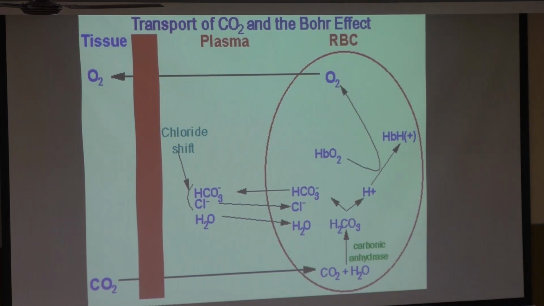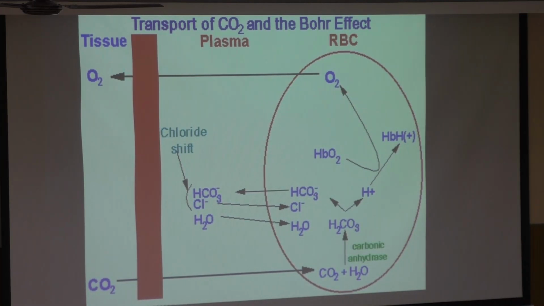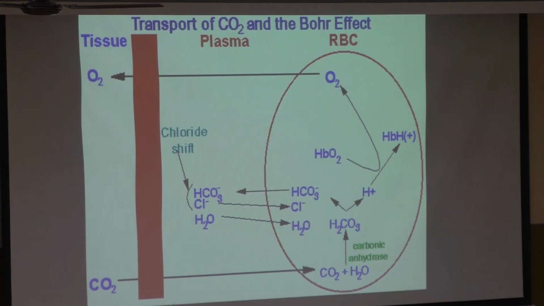And third, 10% is by carbamino compounds. Carbon dioxide will directly bind to the amino acids of hemoglobin and then be transported. So that is 15%, that is 10%, and the maximum is 75%. We are talking about this 75% where there is no change in the pH. That is called isohydric.